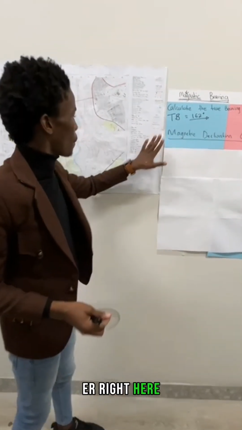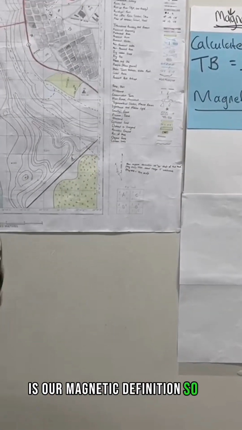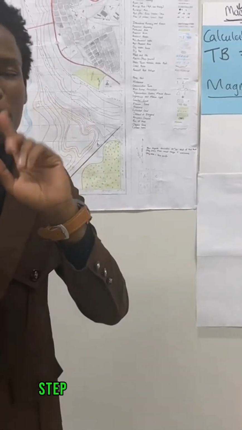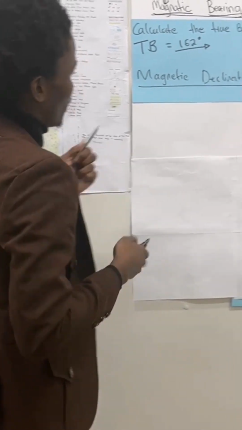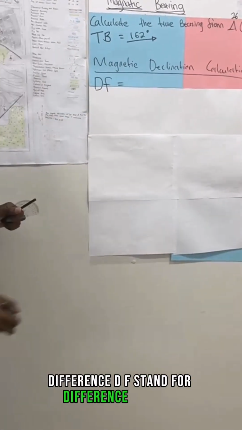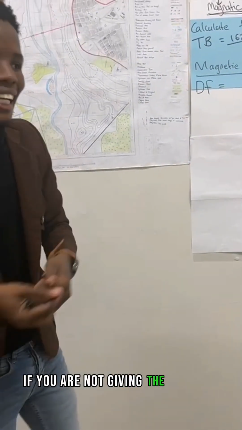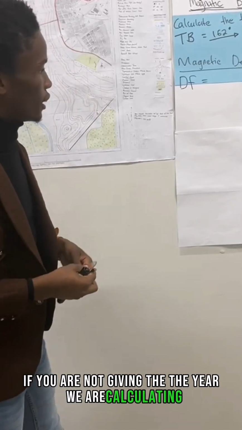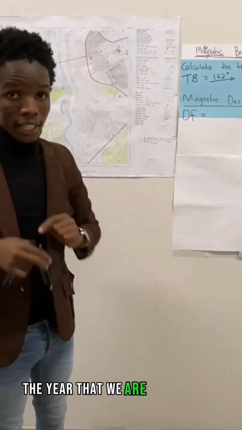Right, here is our magnetic declination. So, step number 1, it says calculate difference. DF stands for difference in years. If you are not given the year we are calculating for, you have to use the current year, the year that you are in.